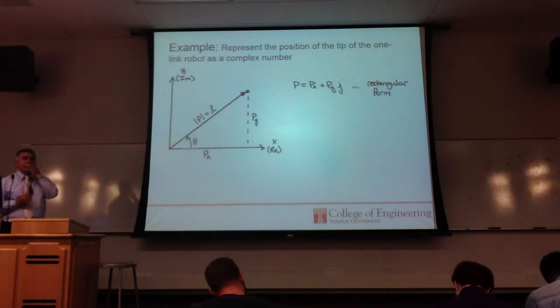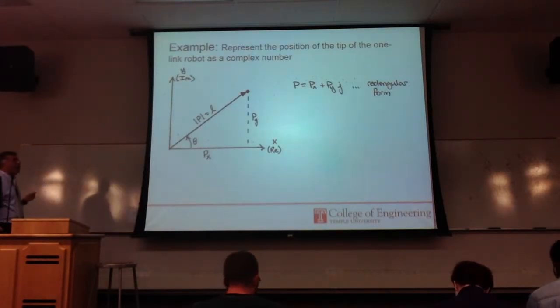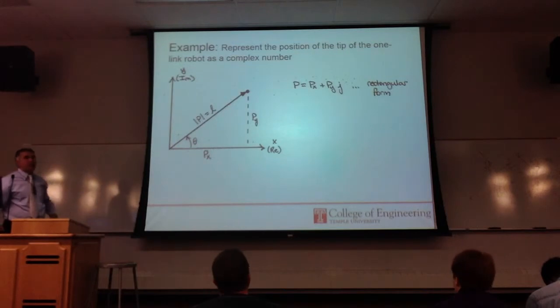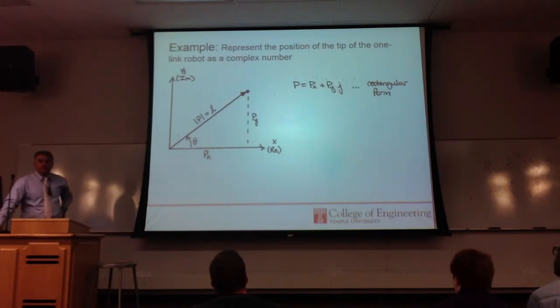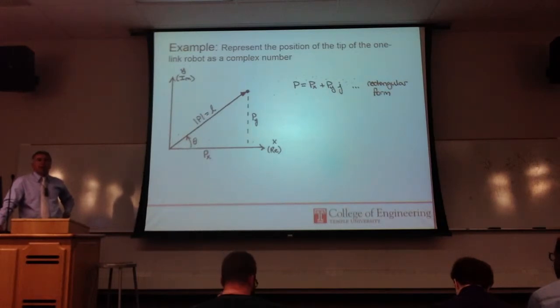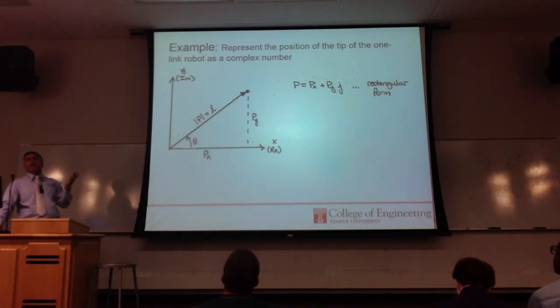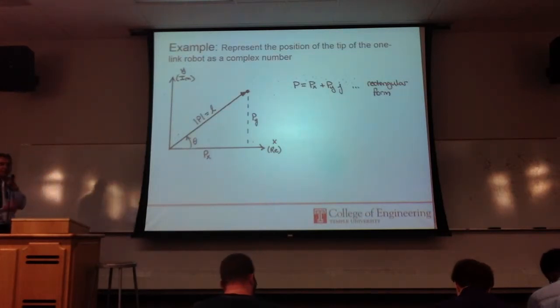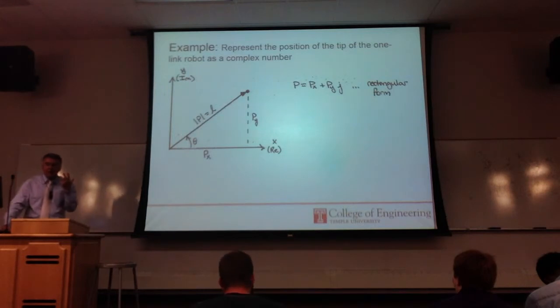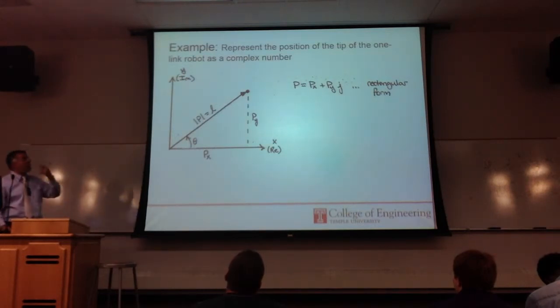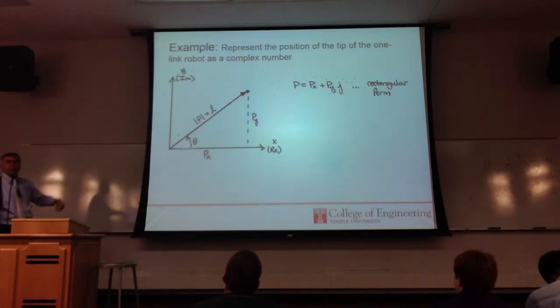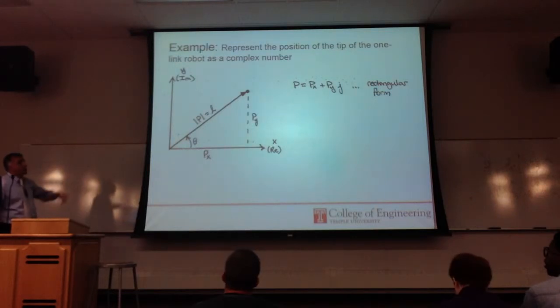Right? So if I'm asking you what is the real part of that complex number, what do you say? Yes, px. And the imaginary part? So if I want to find out what px is, looking at this geometry, how do you find it? Well, no, don't look at that formula.